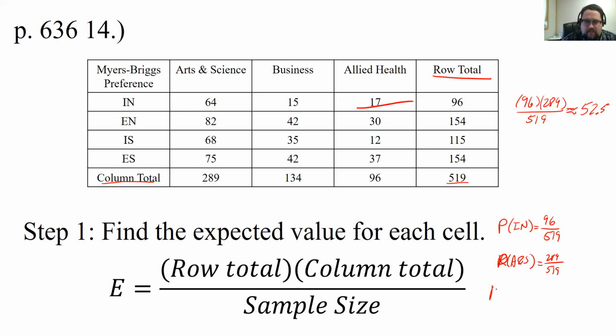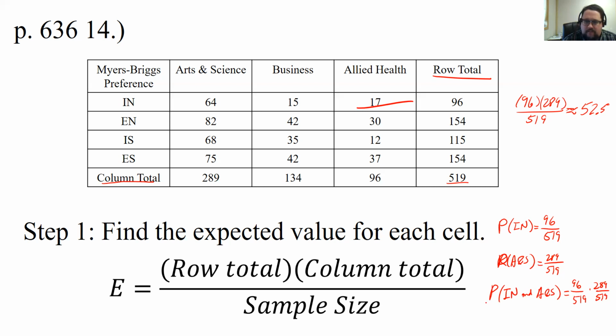And then if I asked what's the probability that a student is IN and arts and science, I would multiply these two together: 96 over 519 times 289 over 519. You might say, I can see where the 96 is coming from, and I can see where the 289 is coming from, but on the bottom I only have one 519. Why is that?